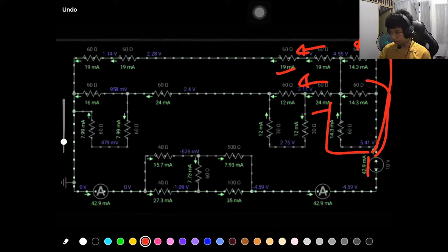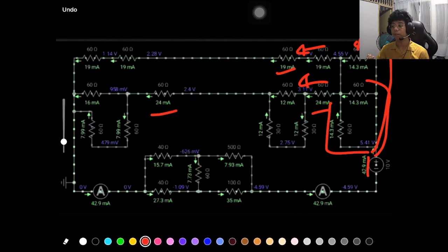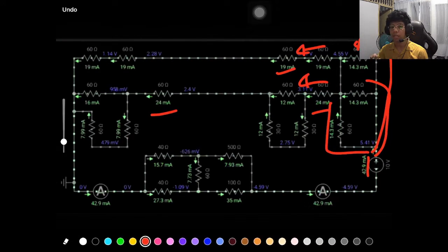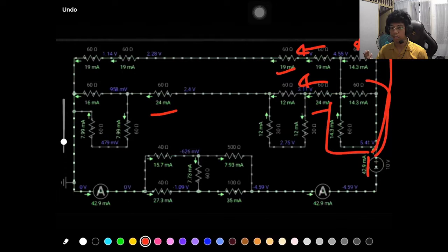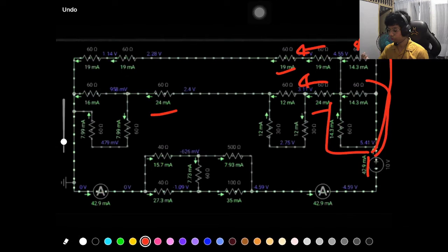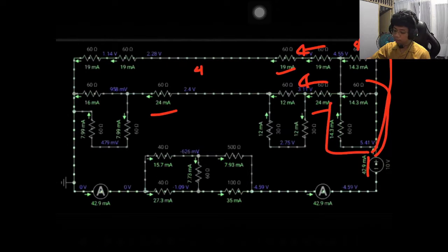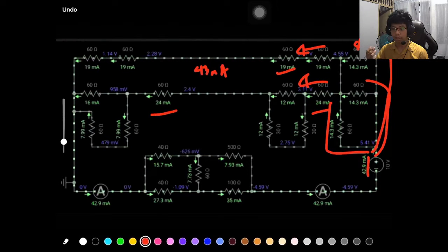So look at the values. We have here 19 milliamperes and 24 milliamperes. If we add these up, it will be approximately equal to the values of current that enter the three electrical paths. So here in the two electrical paths, we have 43 milliamperes, which is approximately close to 42.9 milliamperes.